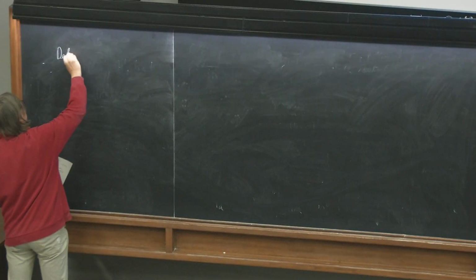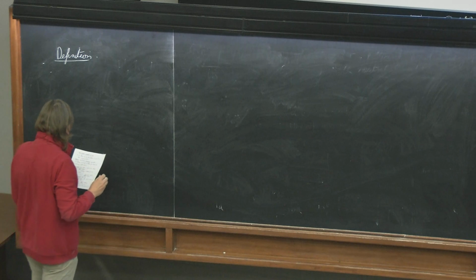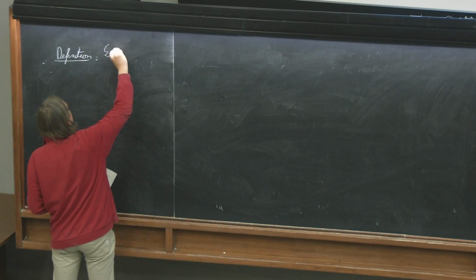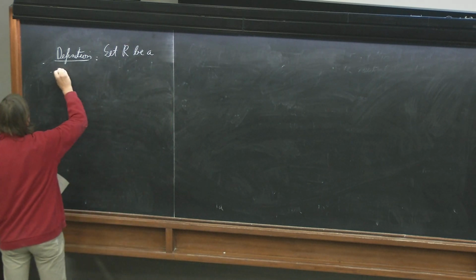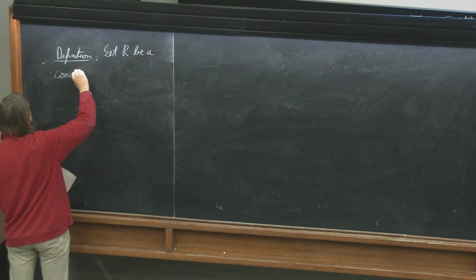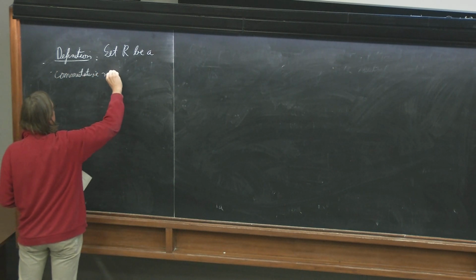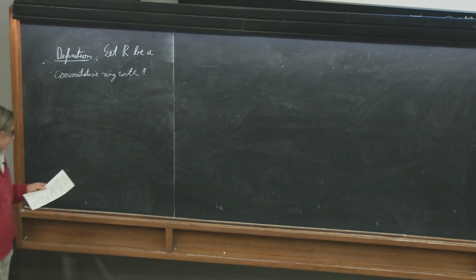Definition. So let R be a commutative ring with 1. One doesn't really need that, but I will never use it in other contexts.